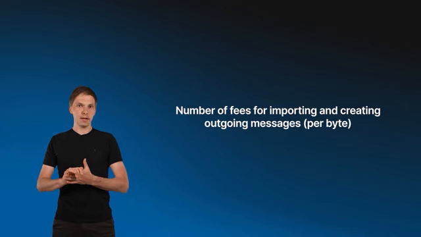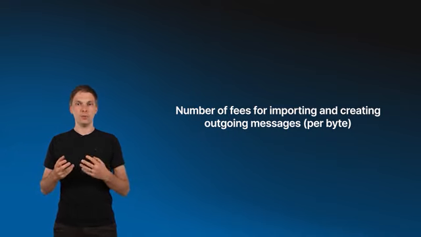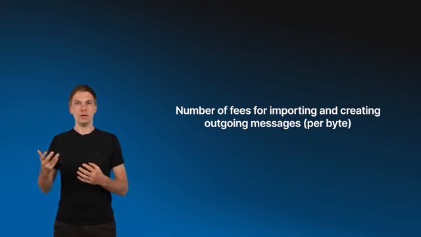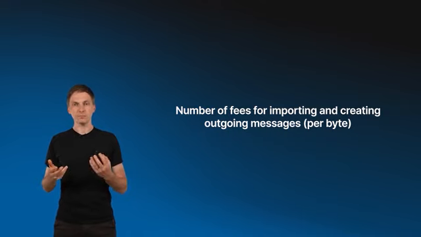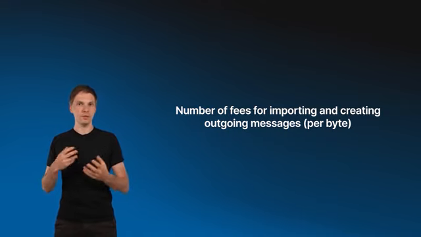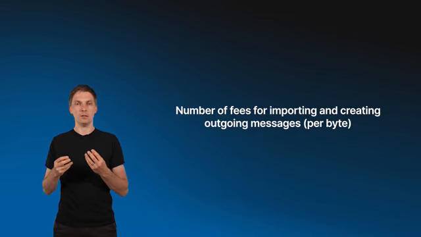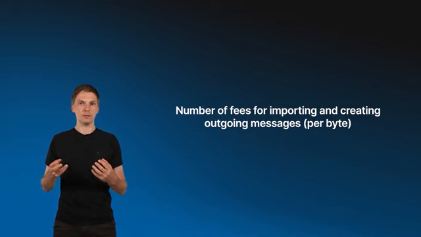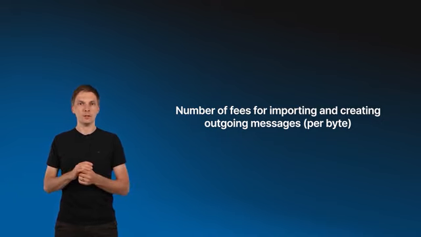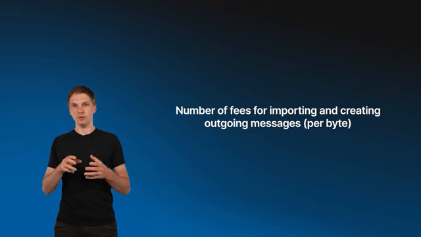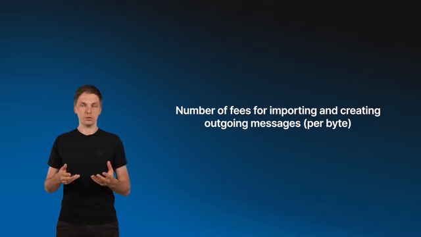And finally, the third category is a number of fees for importing and creating outgoing messages. There are various fees that are charged per message, per byte, with various prices. And also this applies to the update of the storage of the contract.